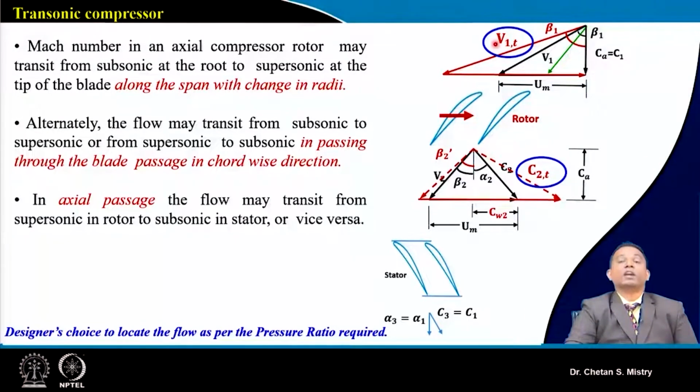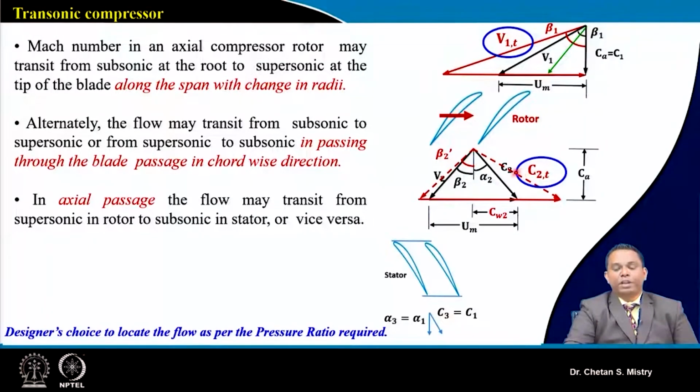So this is a representation: my flow will be going transonic at the entry of my rotor. Here the relative velocity component at the entry of the rotor is going to be transonic. When we are expecting some kind of diffusion to happen in the rotor, the absolute velocity coming out from the rotor will also have a higher value.